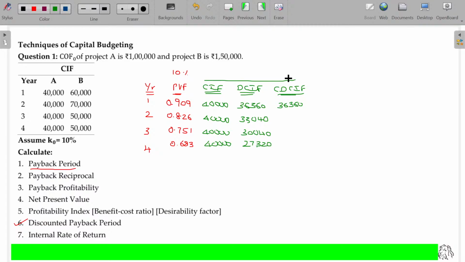So all these things are for project A. Next year I get 69,400, then 99,440. Still there is a shortage. The last year I am getting 27,325. Add how much I am getting?